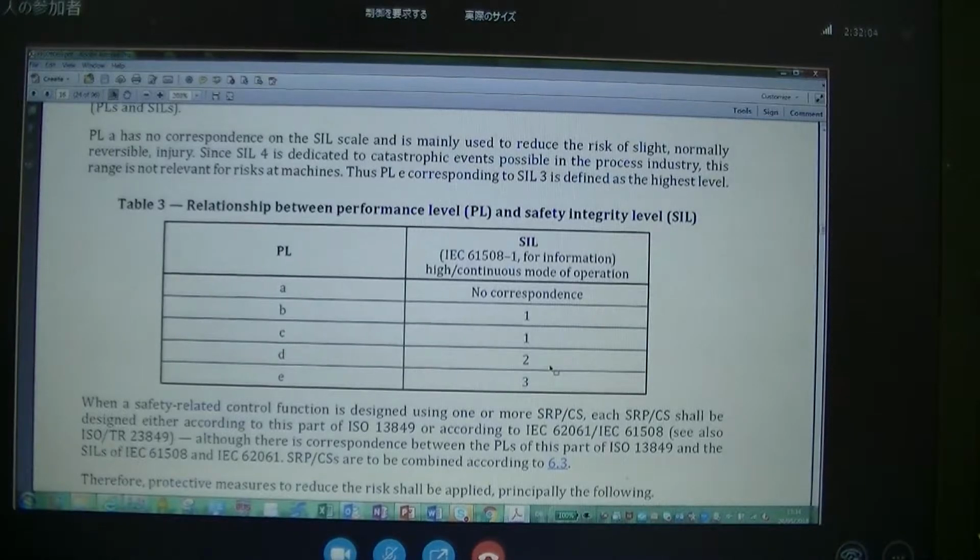SIL calculation is much more detailed, forming a more reliable calculation result. Performance level calculation is a simplified method, and that's why roundings come into the calculation.